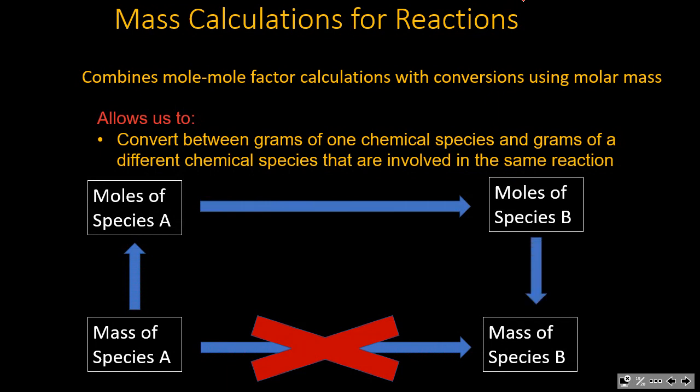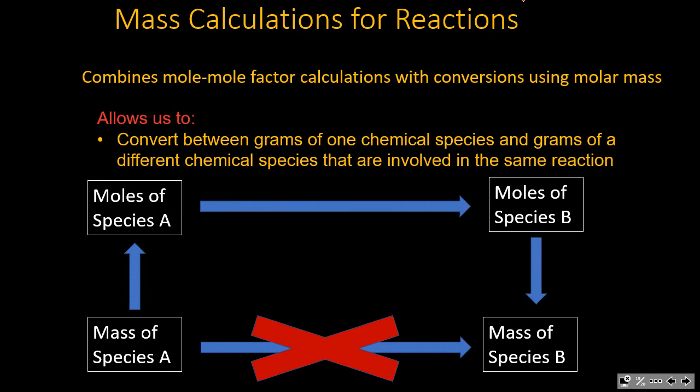One place you see this in the news right now is folks talking about tons of carbon produced from a certain kind of emission. So that's mass, and we have to do all of this. We take the mass of the fuel they're talking about, like the octane in your gasoline, and convert that mass into moles.